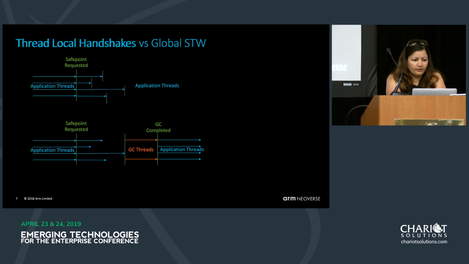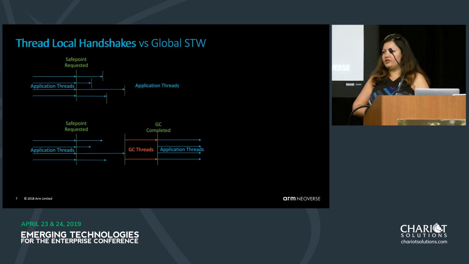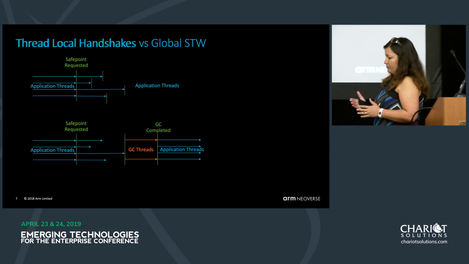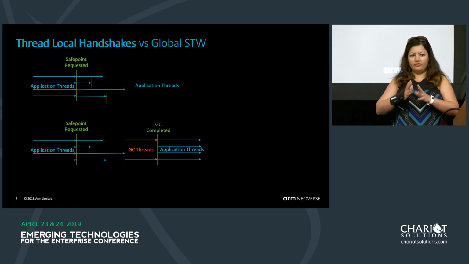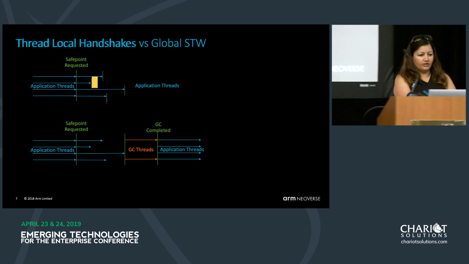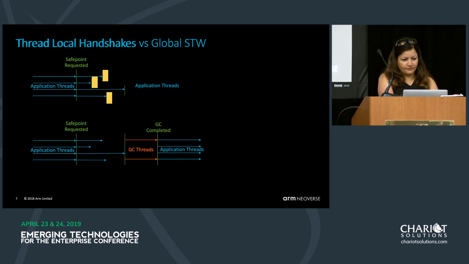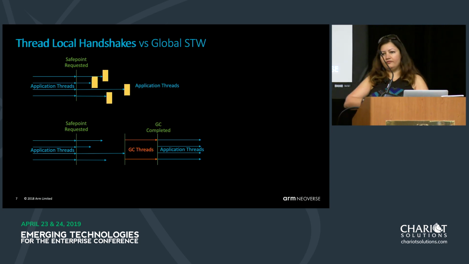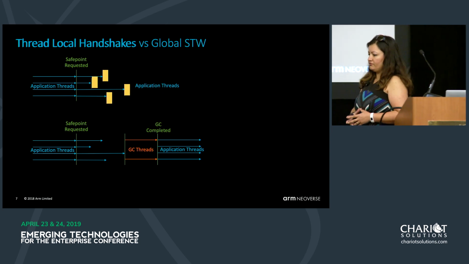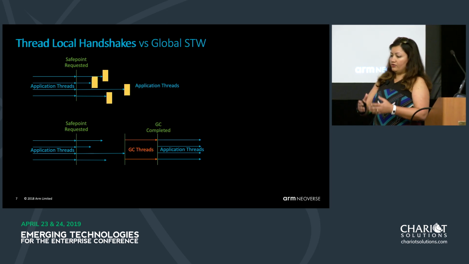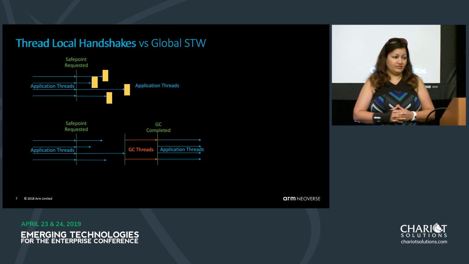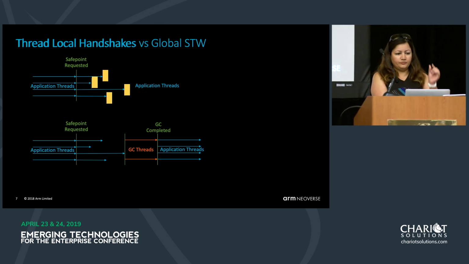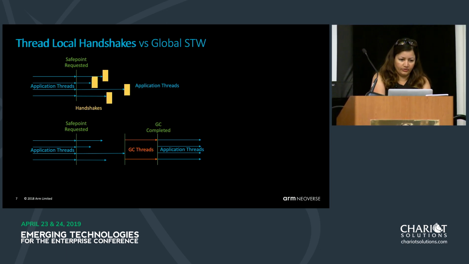And then what happens is, because we're doing thread local handshakes, when the application threads come to a halt, there is a phase where there is some work done of handoffs. So you're handing off transition to the GC threads, or you're handing off some kind of, say, mark stack to the threads. That is this chunk of orange that I've shown here.